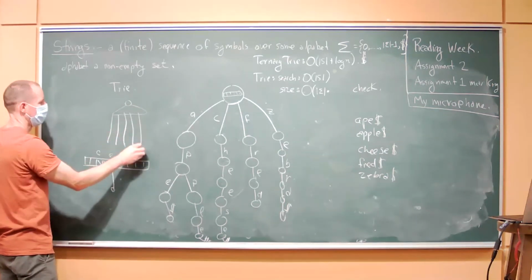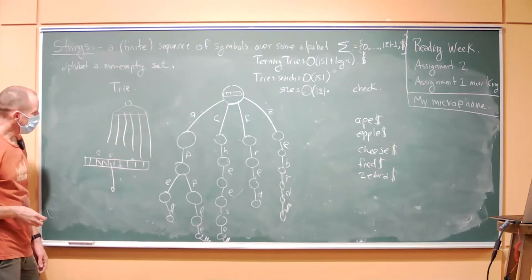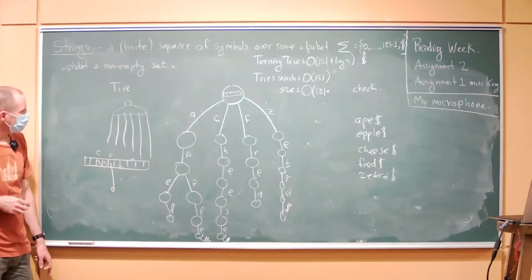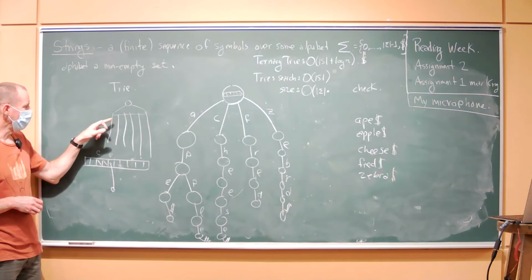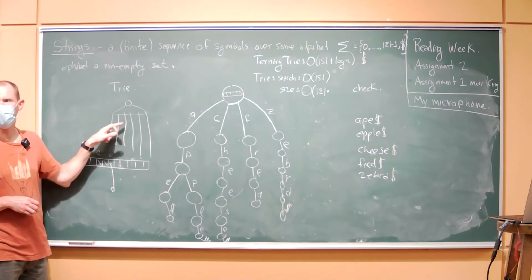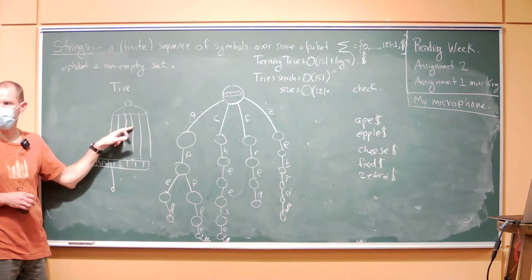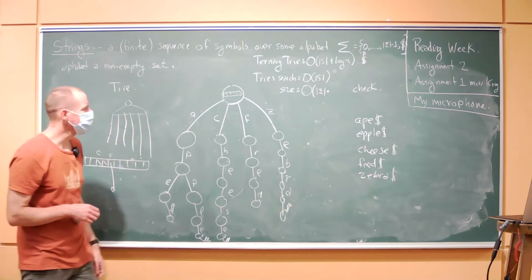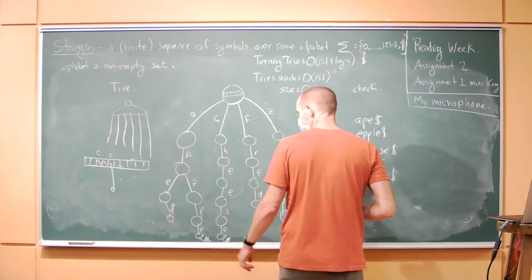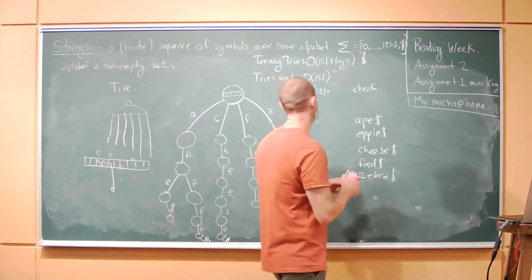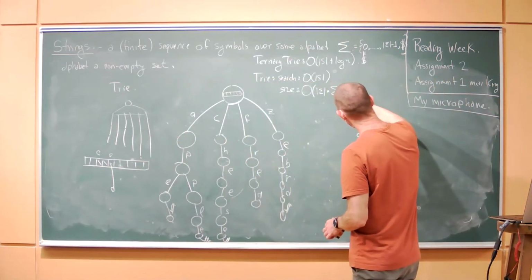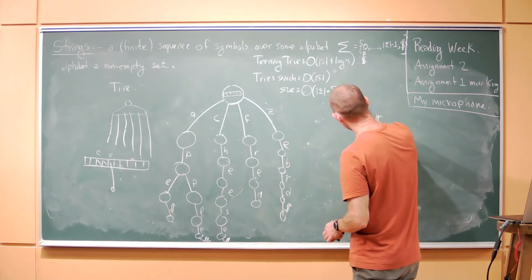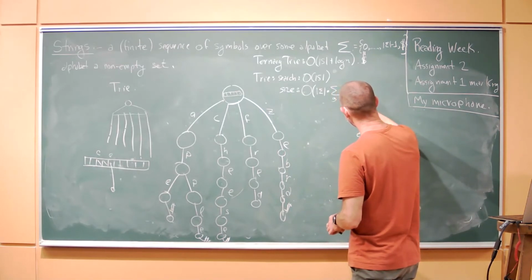And when that happens, essentially you have almost a single node for every character in every string that's in your set. So that looks like something like the size of your alphabet times the sum over all the strings of the length of that string.